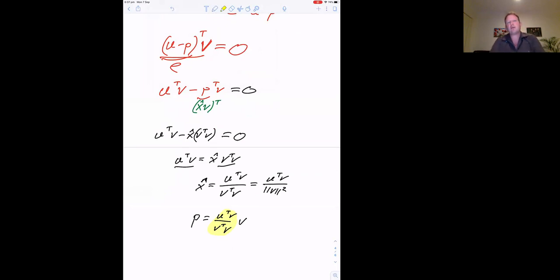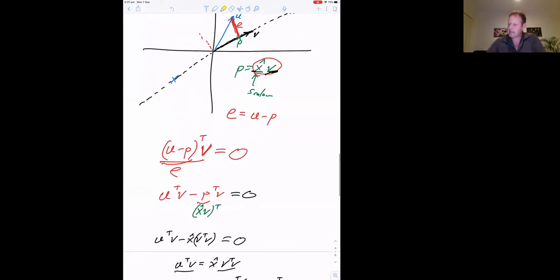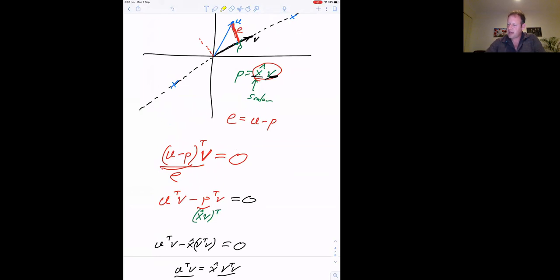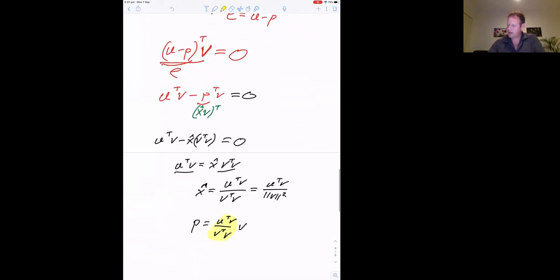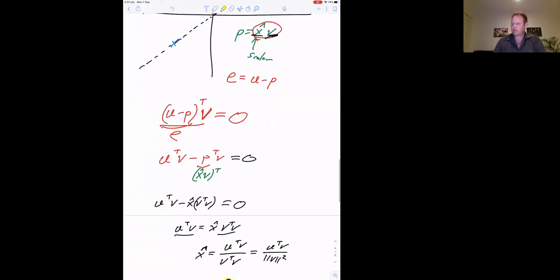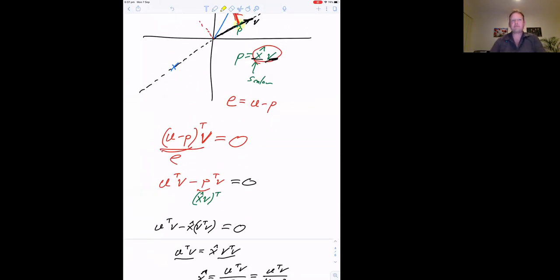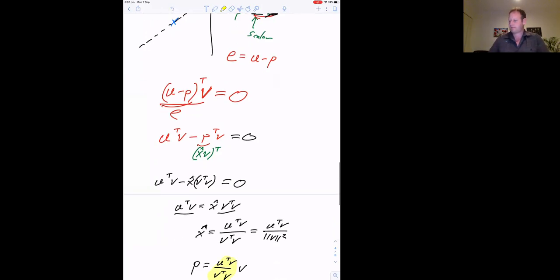So projections basically take the inner product and then normalize by V, and that's going to be this point. So that's how we project onto a line. This is the projection principle onto a line. All right. Questions about this?